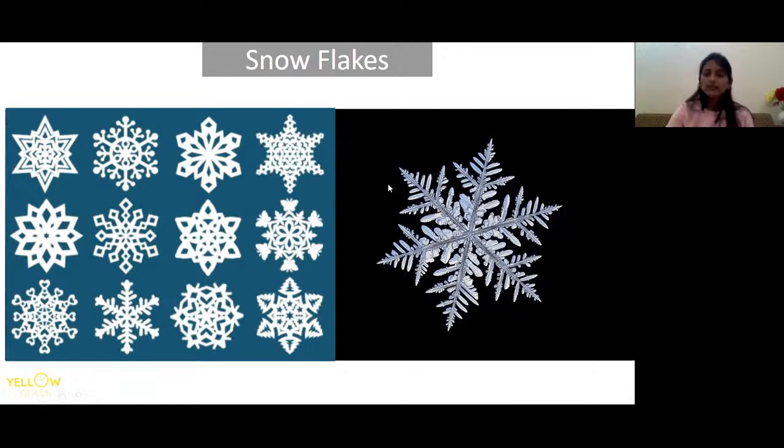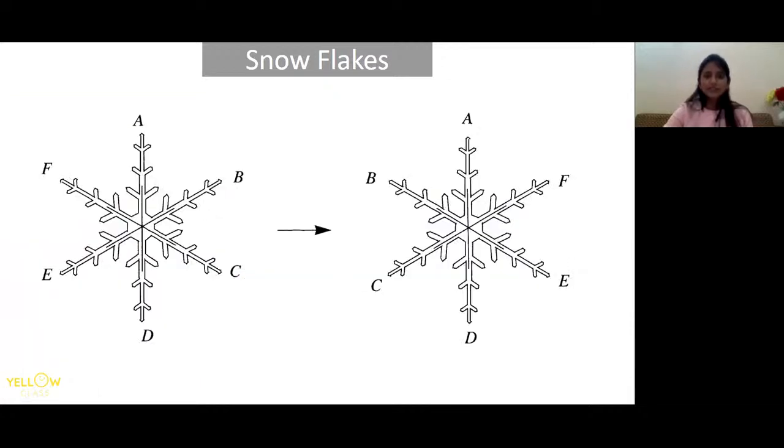So, like a star, this is also symmetrical. Okay, and it has so many lines of symmetry. See, so how many lines? 6 lines of symmetry. A, B, C, D, E, F. Okay, so it has 6 lines of symmetry.